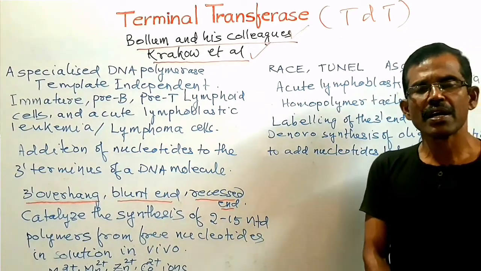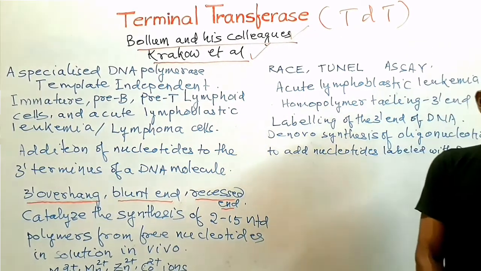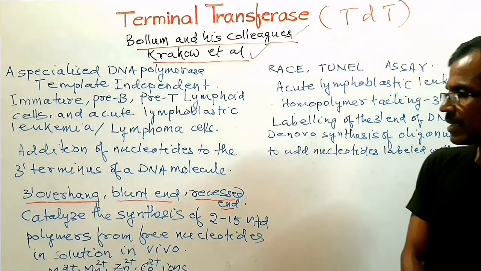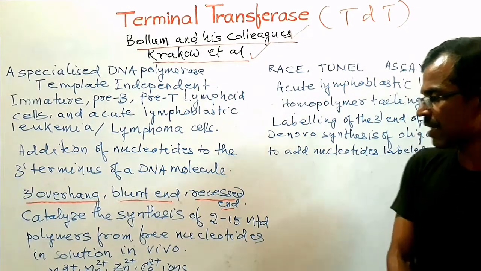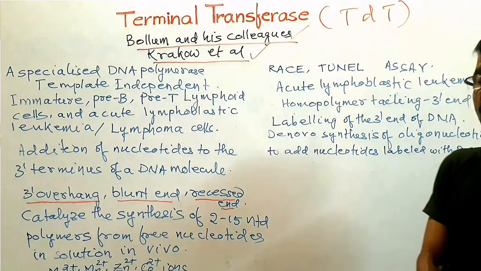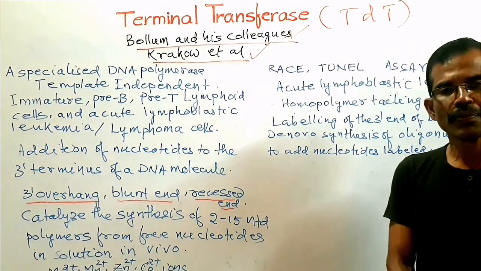Terminal transferase is the least understood enzyme of all polymerases. This enzyme can catalyze the synthesis of 2 to 15 nucleotide polymers from free nucleotides in solution in vivo.